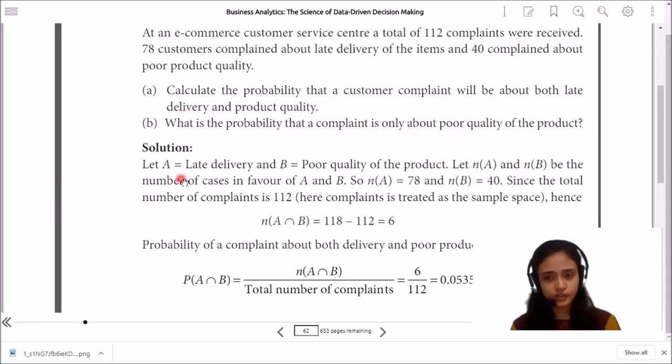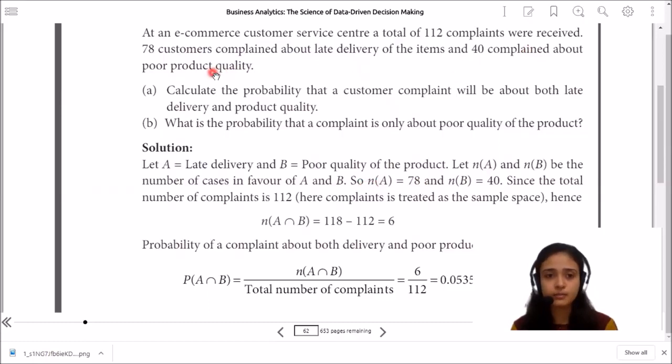Starting with the first one, there are two different categories of complaint. Let A equal late delivery and B equal poor quality of the product. The number of events of A is 78, because 78 complained about late delivery, so n(A) equals 78.